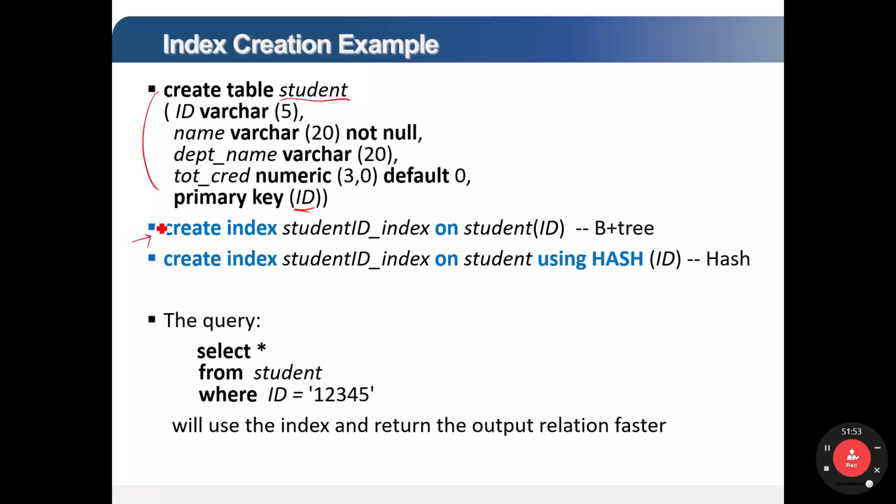So this is the user-defined index name. But this index name doesn't really matter because subsequent queries will never use this index name in their select query. Once you build an index, the DBMS will decide whether to use this index or not, depending on the query execution plan. So the index name doesn't really matter.